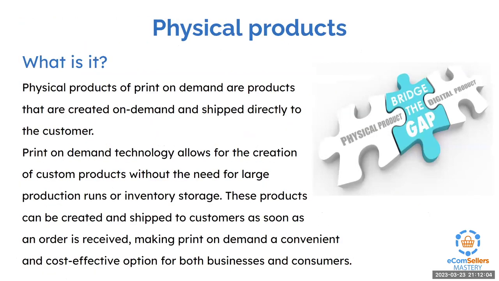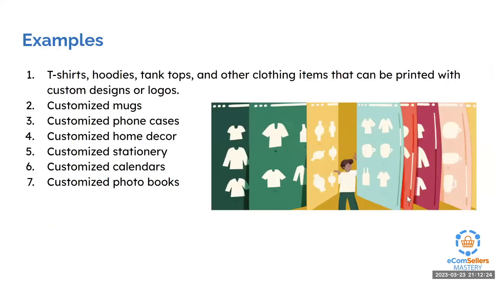The next is your physical products. These are products where you're using a print-on-demand supplier or vendor to, after you've created an amazing design, superimpose that design onto a product, whether it be t-shirt, socks, hat, jacket, backpack, phone case cover, any of that stuff.